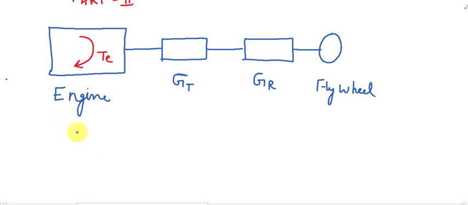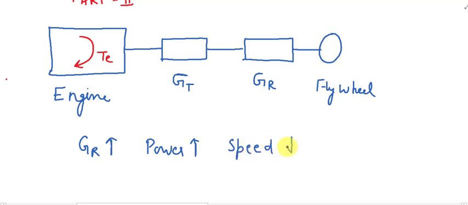As we discussed earlier, if the gear ratio is high, then the power is high, but the speed of the vehicle is less.